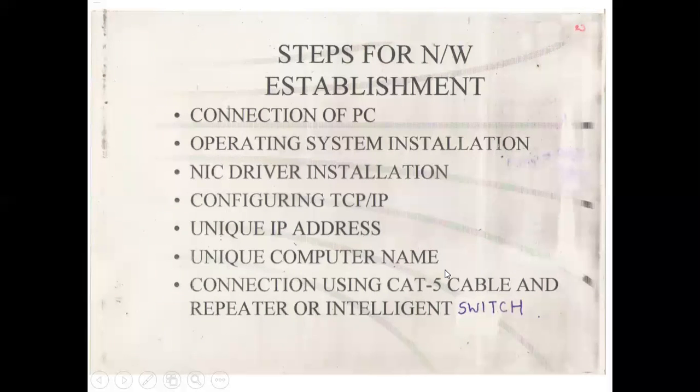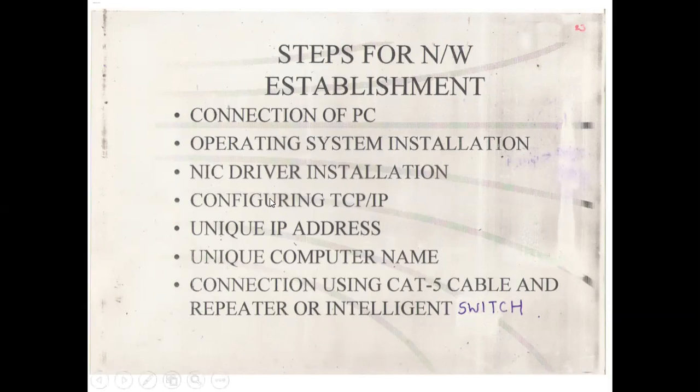Then the unique computer name. Normally, whenever your computer gets connected to the internet, you never see what computer name is given to your machine. But please keep this in your mind that the computer name has to be unique. If two computers on a local area network have the same name, there can be a name conflict and problems start in local area network communication.